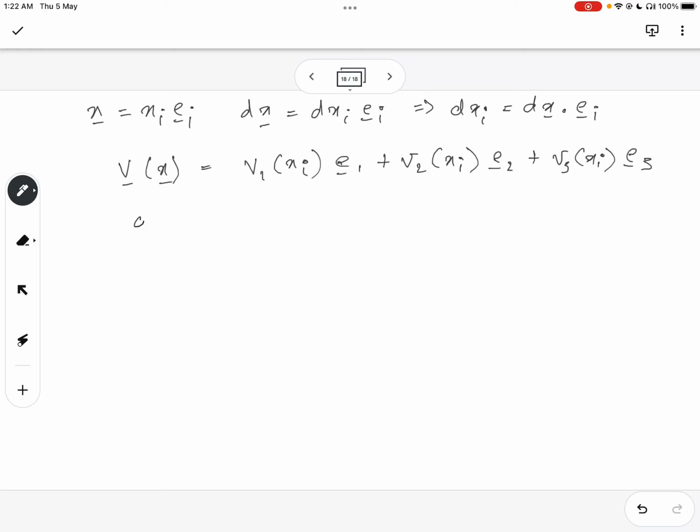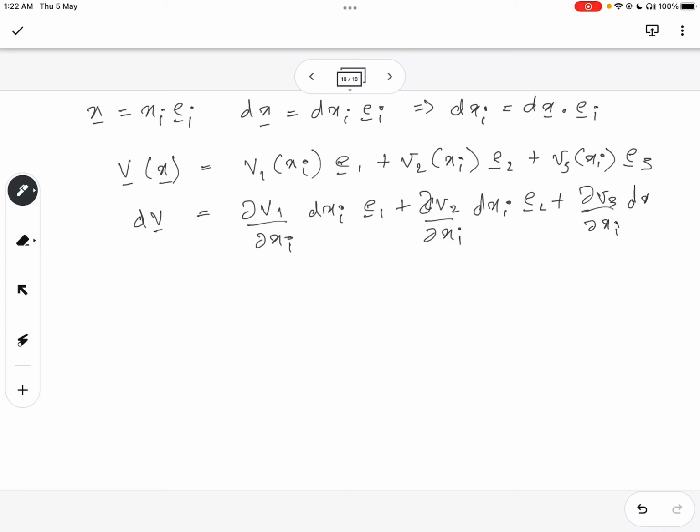Now dv is written as del v1 by del xi, because this is a function of all the x's, dxi e1 plus del v2 by del xi dxi e2 plus del v3 by del xi dxi e3.